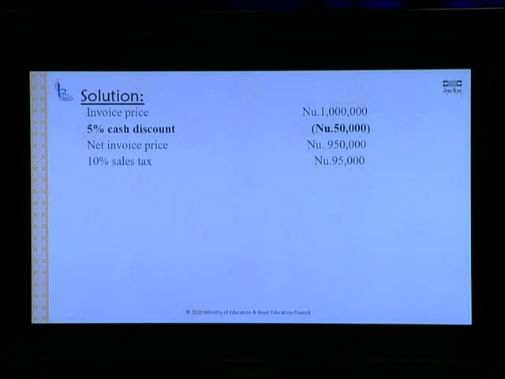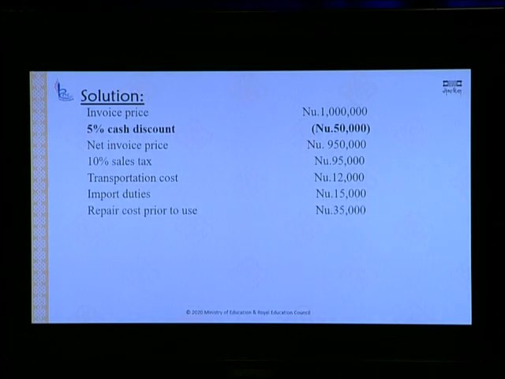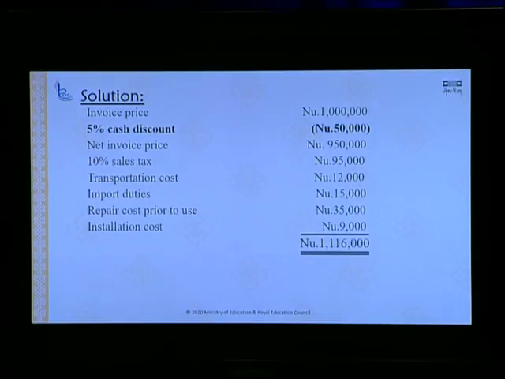On that 950,000 the company has paid 10% sales tax which is 95,000, transportation costs of 12,000, import duties of 15,000, repair cost prior to use of 35,000, installation costs 9,000. Now the total cost of that particular excavating machine amounts to 1,116,000.